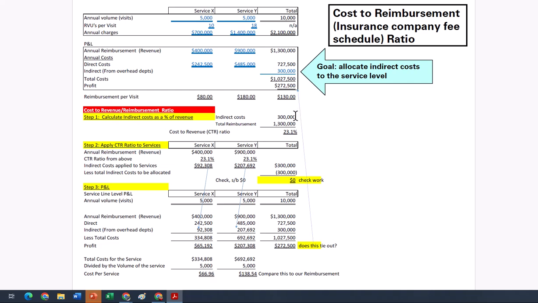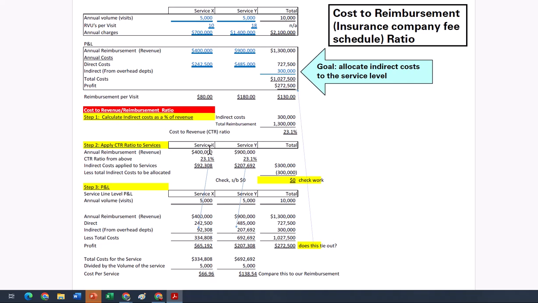For this purpose, we're using reimbursement, the ratio of our indirect costs to our reimbursement. So instead of charges, we're looking at our total reimbursement, which by definition of the problem was 1.3 million. And so we're applying a factor of 23.1% relative to reimbursement.